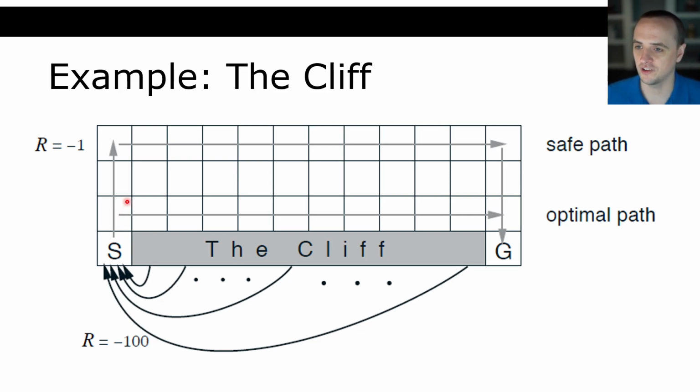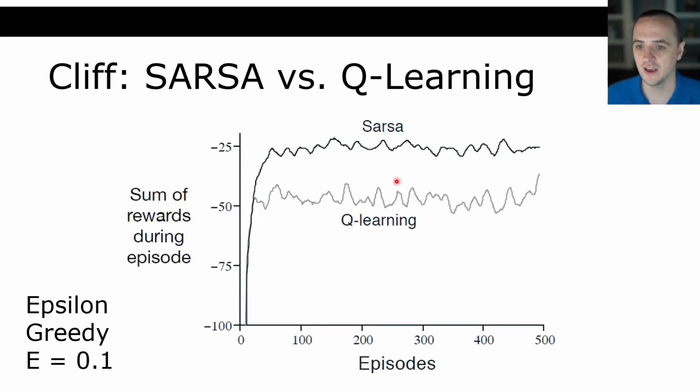And because SARSA is taking the safe path during training, because it knows about those epsilons, it is actually doing better during training, right? Because training incorporates those random actions. Whereas Q-learning is saying, no, go straight for the cliff. I know that the cliff is fine if we do the optimal things, but during training, Q-learning is still using epsilon-greedy. So while it's training, Q-learning can have a lower sum of rewards than SARSA.